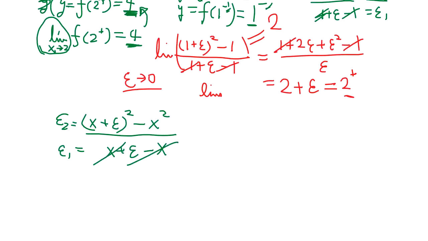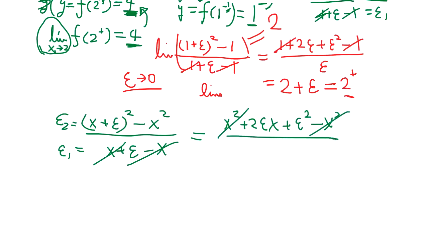That disappears, okay? So x squared plus 2 epsilon x plus epsilon squared minus x squared disappears, and epsilon divides out, so 2x plus epsilon.